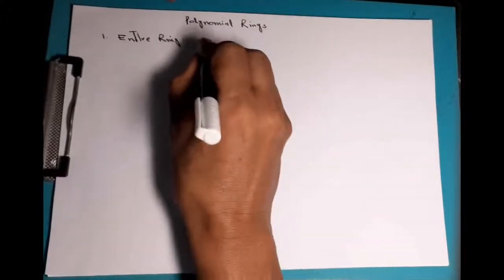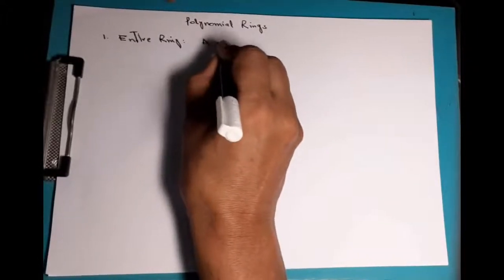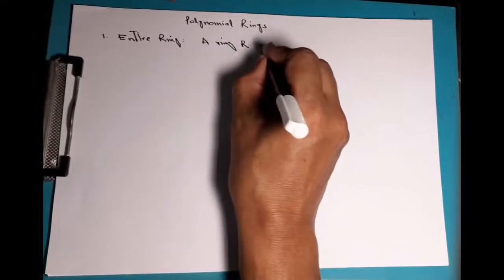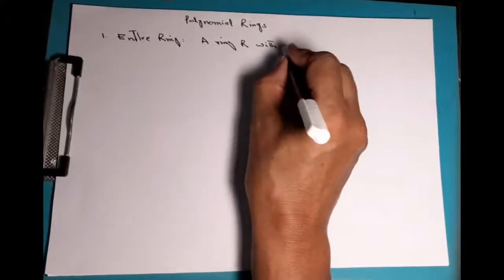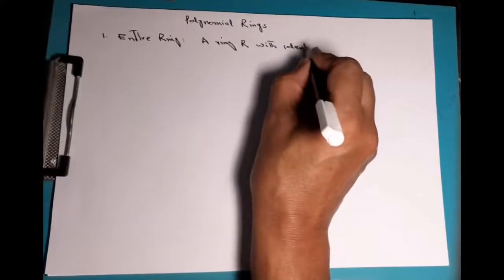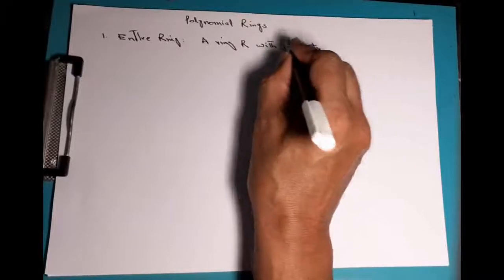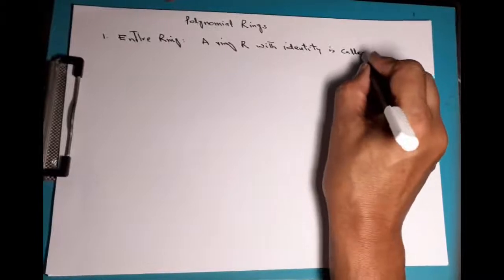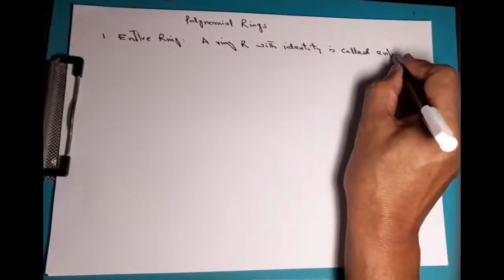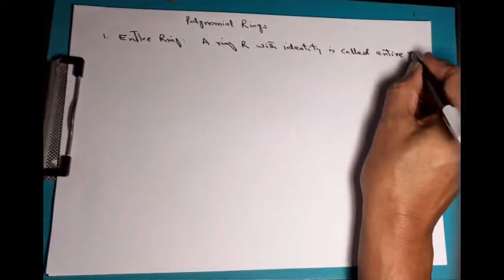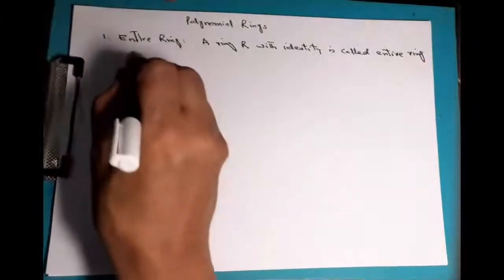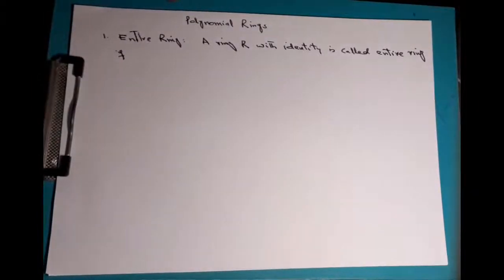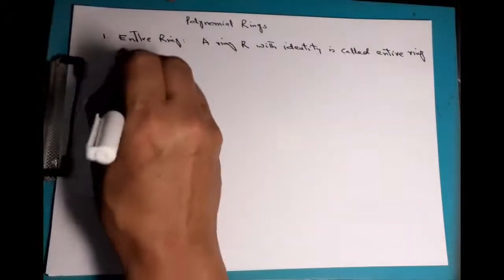So a ring R with identity is called entire ring if R does not contain zero divisors.